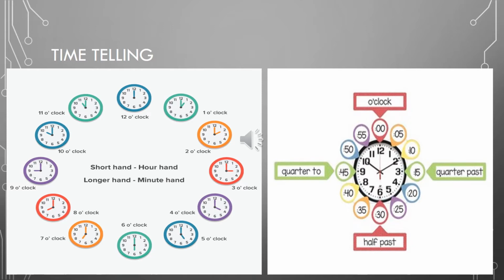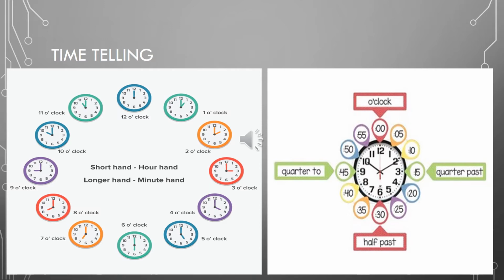Similarly, whenever the smaller hand is on 10 and the bigger hand is on 12, it will be 10 o'clock.